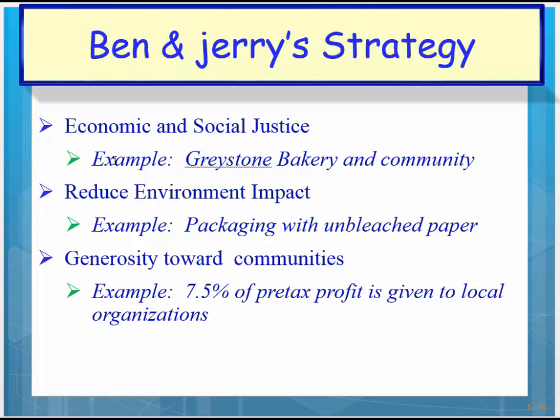The Greystone Bakery employs a lot of people in local areas, and does so in a way that they are able to give back to the community and give jobs to people with good benefits and all of that sort of stuff. So this fits with their economic and social justice mission. That's an example of a strategic decision that they made that then fit with their mission and strategy.